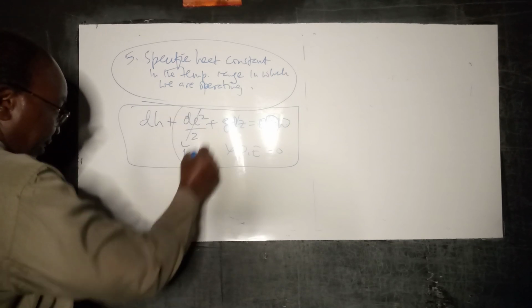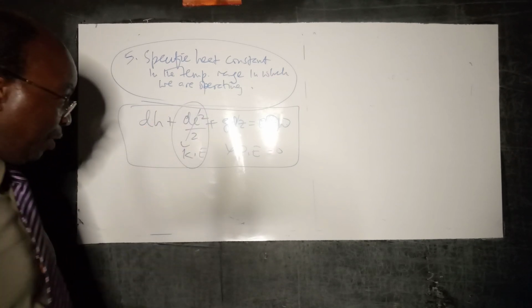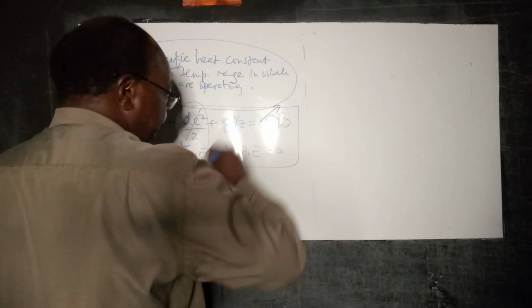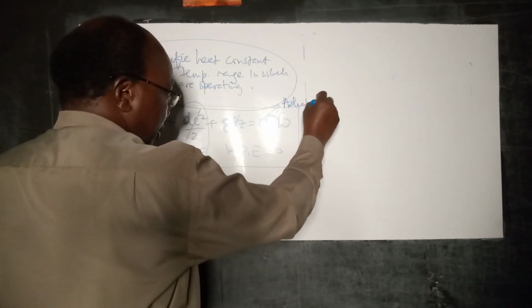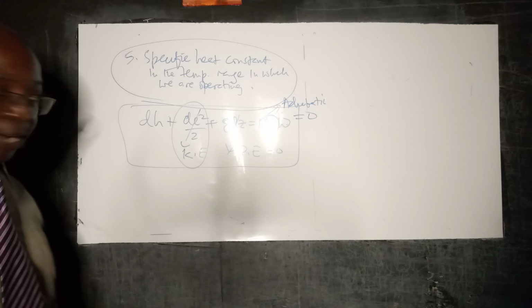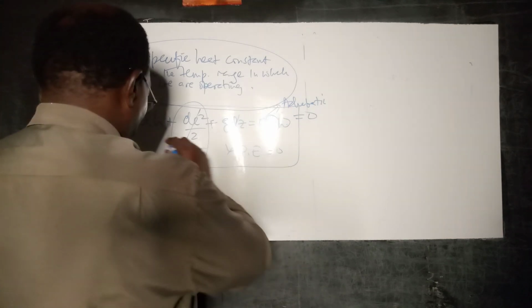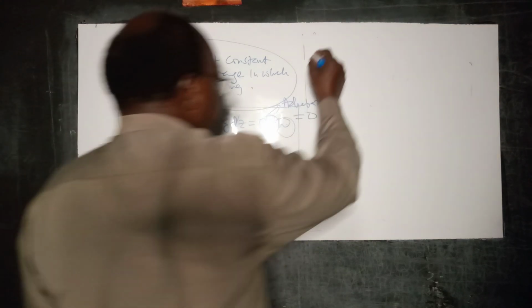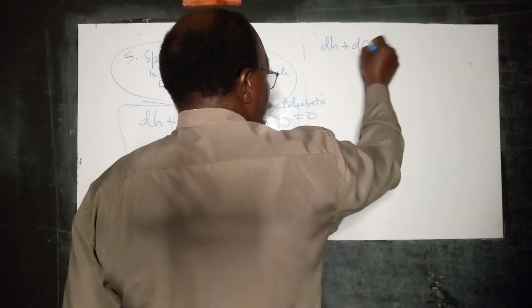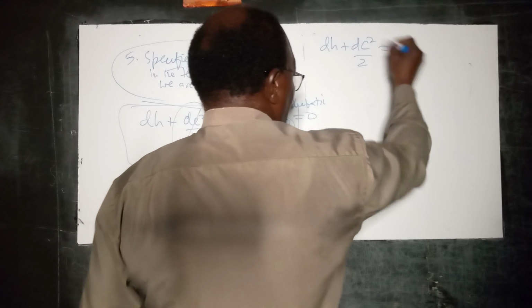This is significant. We cannot assume it's 0. We know the system is adiabatic. We have said adiabatic and reversible, so q is 0. And of course, there's no work in our system there. So what does that mean? That means that dH plus d(c squared) over 2 is equal to 0.